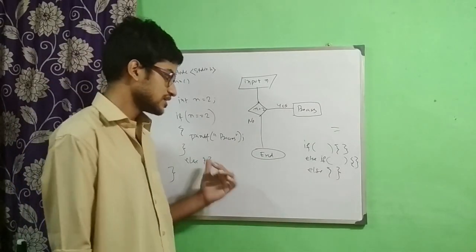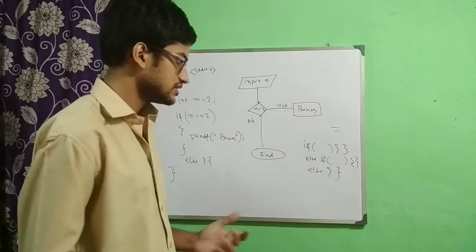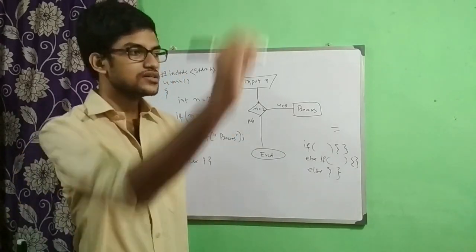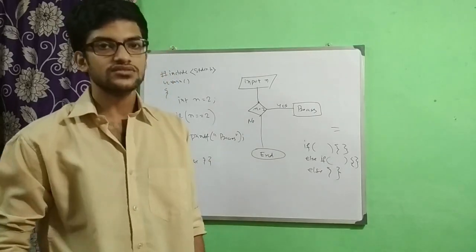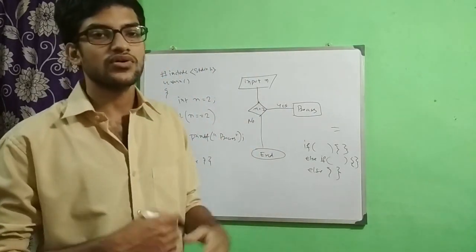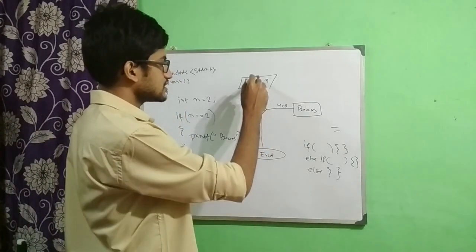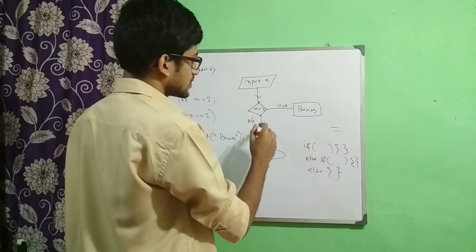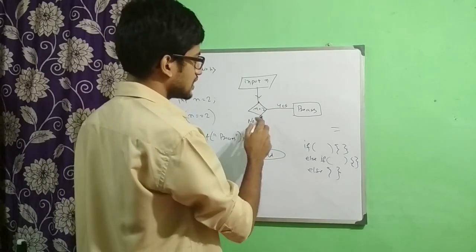So this method using if, else, falls under the control statements, because I am taking control of the program flow. Let's say this is a flow of the program. Now I am making some decision.